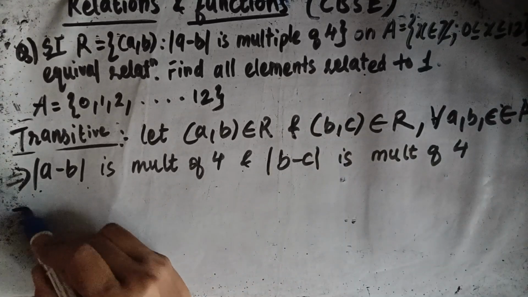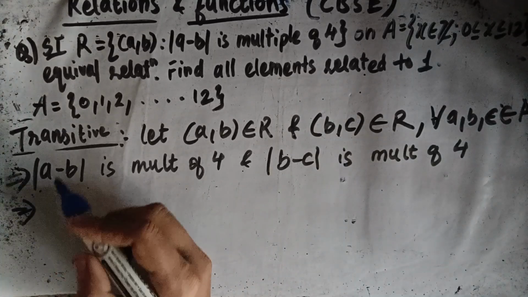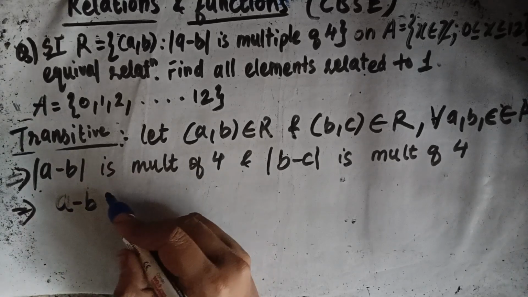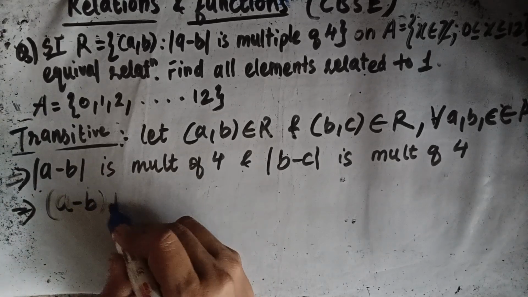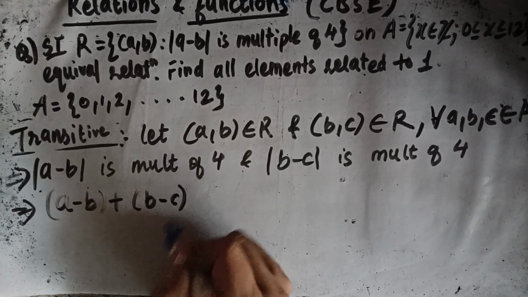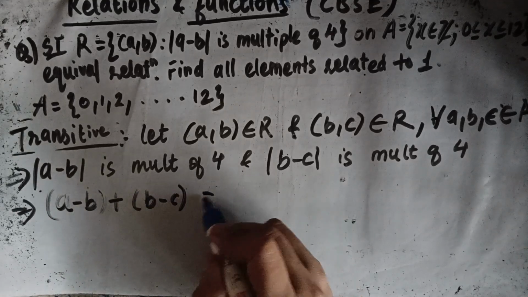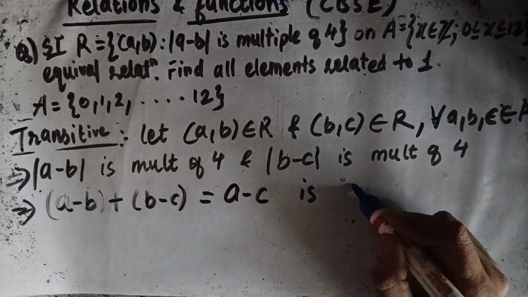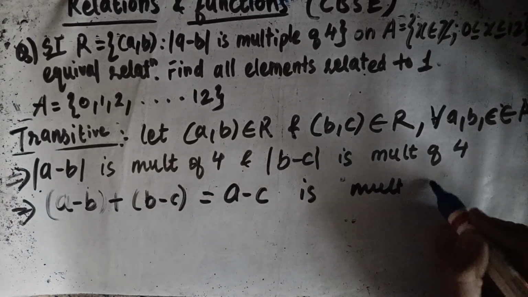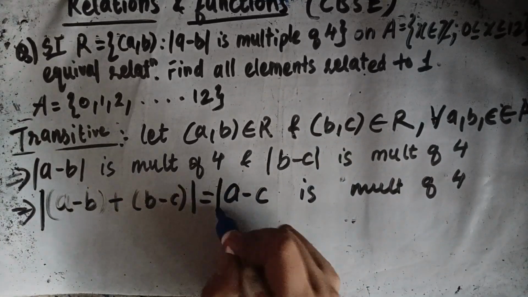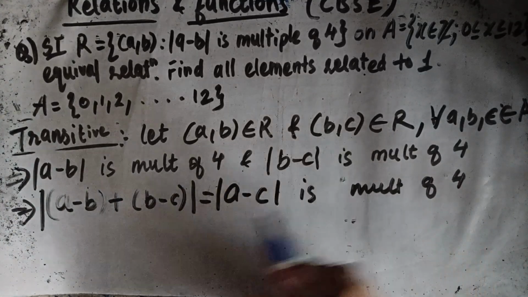So we can write this as a minus b plus b minus c, which is a minus c, is a multiple of 4. You can write the mod sign here also.